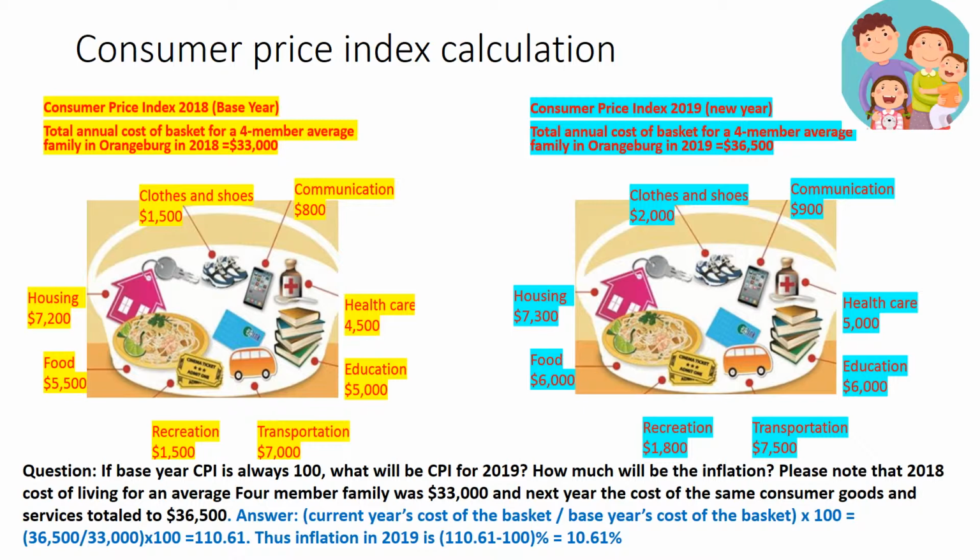And then on the right hand side, you see another picnic basket, where the green highlighted data is about the same goods but for a different year, 2019. So the left hand side data is about a four-member family's cost of essential goods and services needed for the year 2018, and that's our base year.